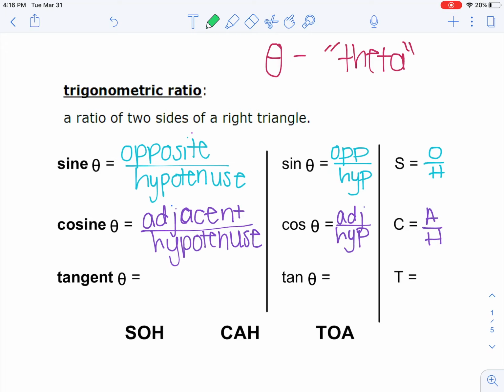All right, lastly we have tangent. So tangent of theta is going to be your opposite side from your angle divided by your adjacent side. And then we can abbreviate that as just tan of theta equals OPP for opposite over ADJ for adjacent.